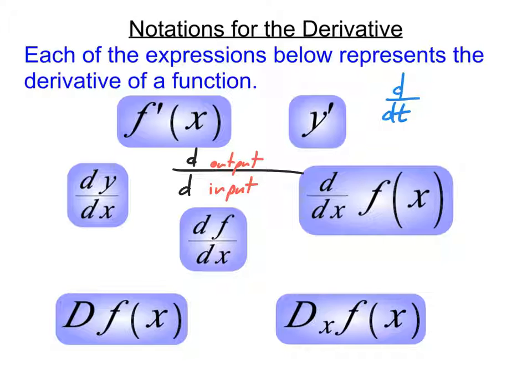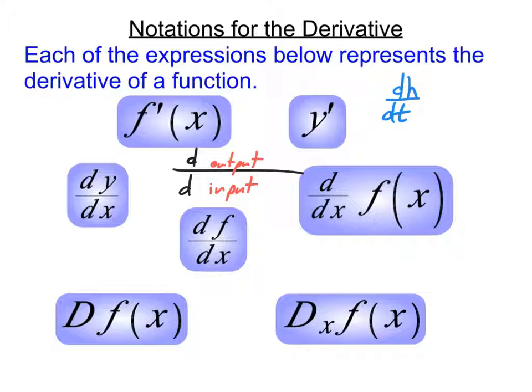Well, I then would have to follow it with whatever function it is. So I'd have to then start writing like of t squared or whatever the function was. D over dt needs something with it. If I don't want to write something with it, then I would need to say, okay, I'm finding the derivative of the h function or whatever the function is named with respect to time.